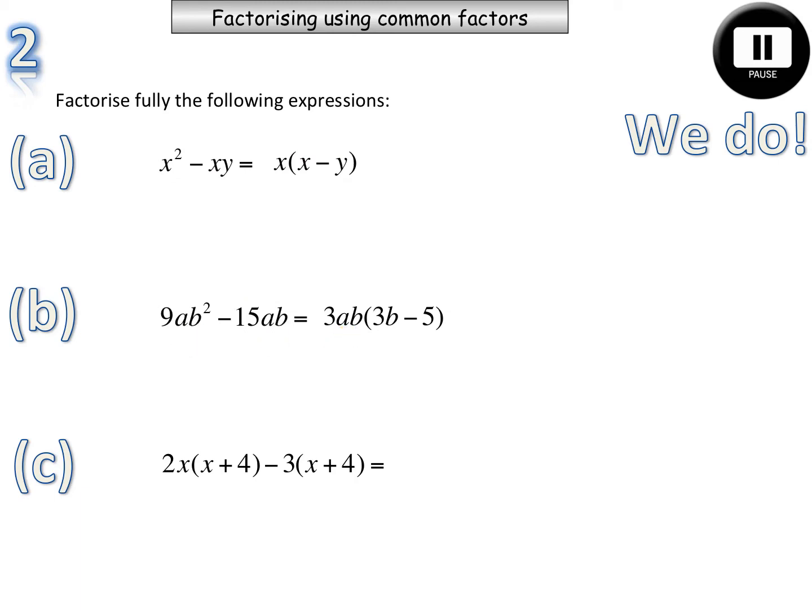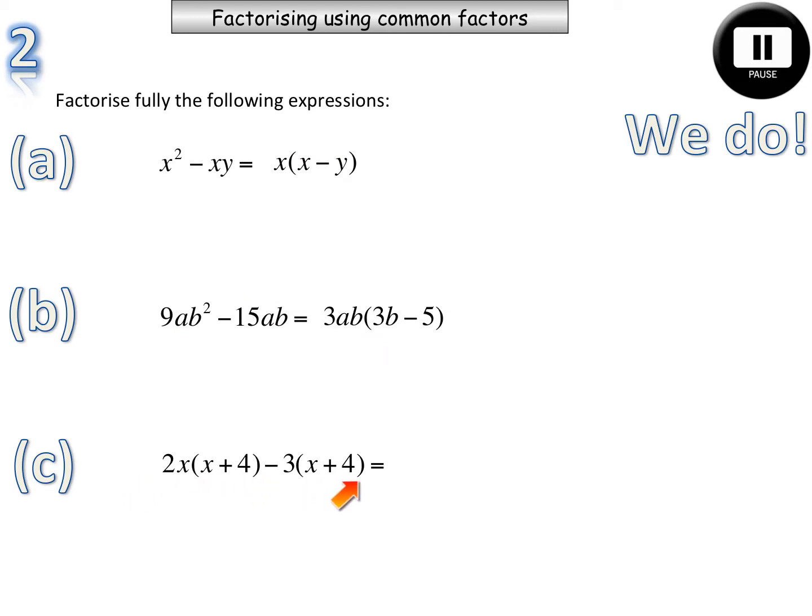Then you think to yourself, what do you multiply 3ab by to get 9ab squared? That's going to be 3b. 3 times 3 is 9. a times b is ab squared. Then 3ab multiplied by what gives you negative 15ab? And there's your negative 5.